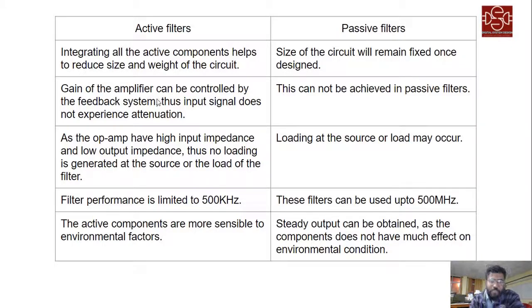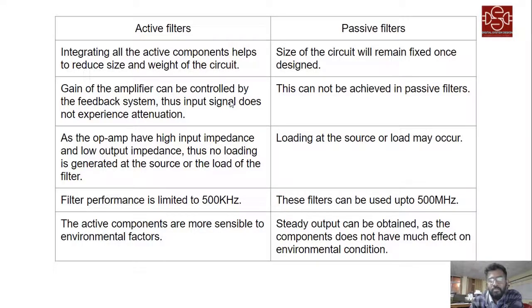The gain of the amplifier is controlled by the feedback system, so the input doesn't experience attenuation, and this cannot be achieved by passive filters. The op amp actually helps. These 3 things are for the active filters.